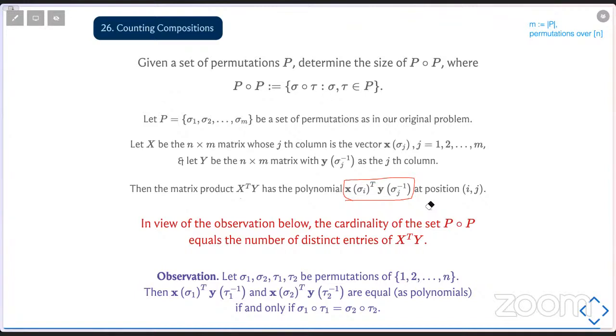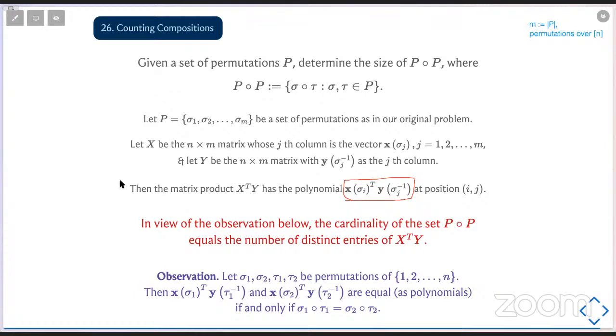So our problem boils down to counting how many distinct polynomials there are in the matrix product X transpose Y. And if you're wondering if we have gone from something fairly straightforward to a messier situation, because now instead of just counting compositions of permutations, suddenly we have to deduplicate a list of m squared polynomials, and that after computing a matrix product where the entries are polynomials, it all looks messier. If you have that complaint, I'm totally with you.